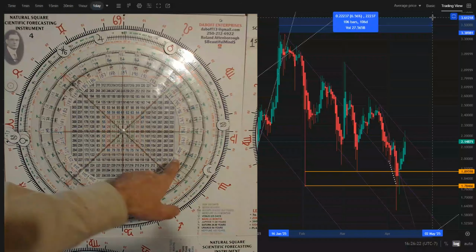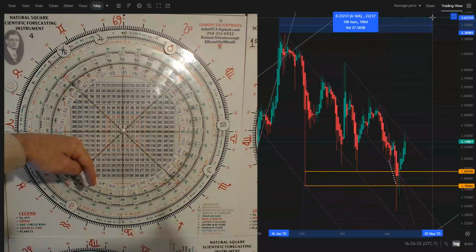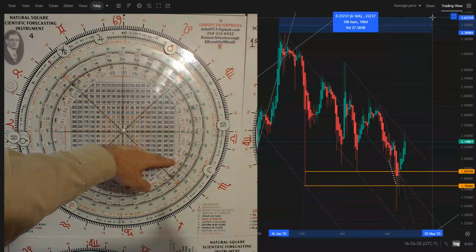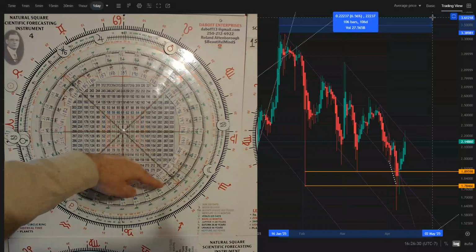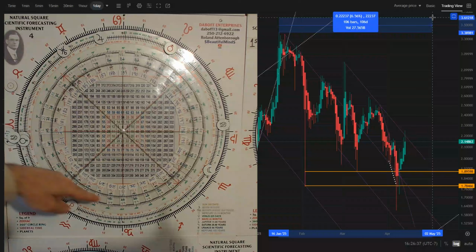So we have been vibrating today. I believe today we've been vibrating between 201 here on my scale, all the way up to $2.16. And most of the day we were sort of stuck in this area.